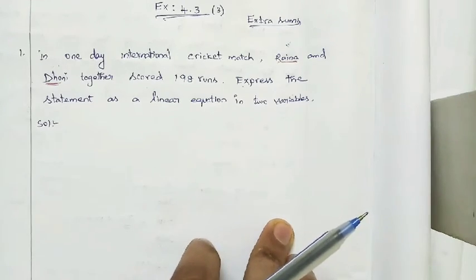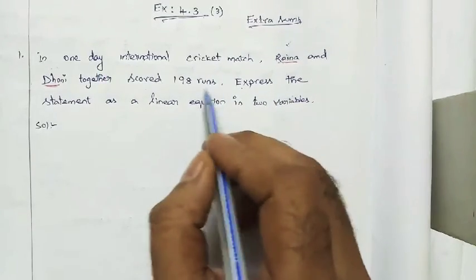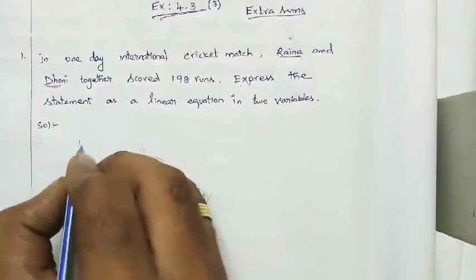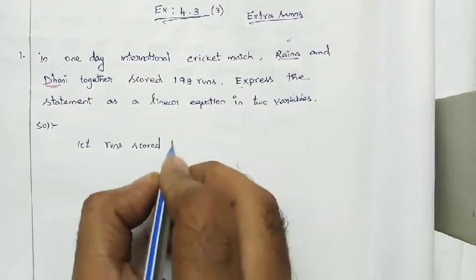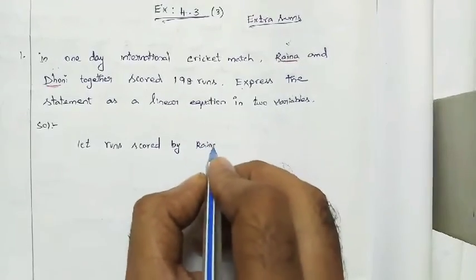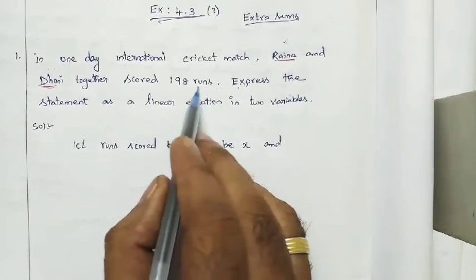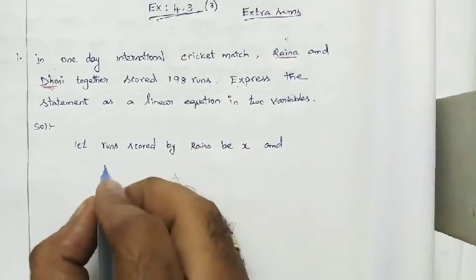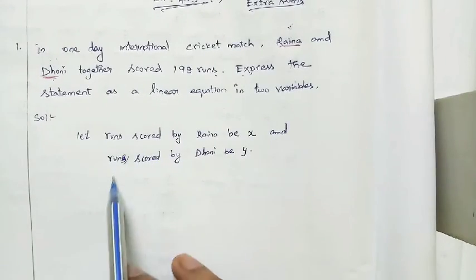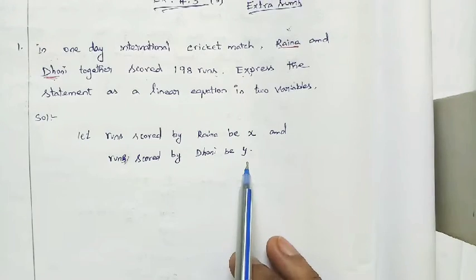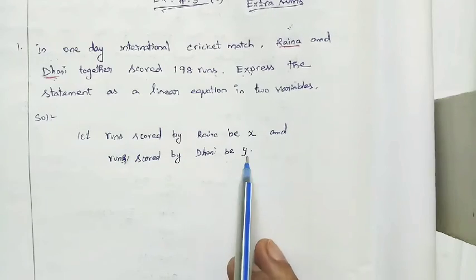So first I am going to assume: let runs scored by Raina be x and runs scored by Dhoni be y.